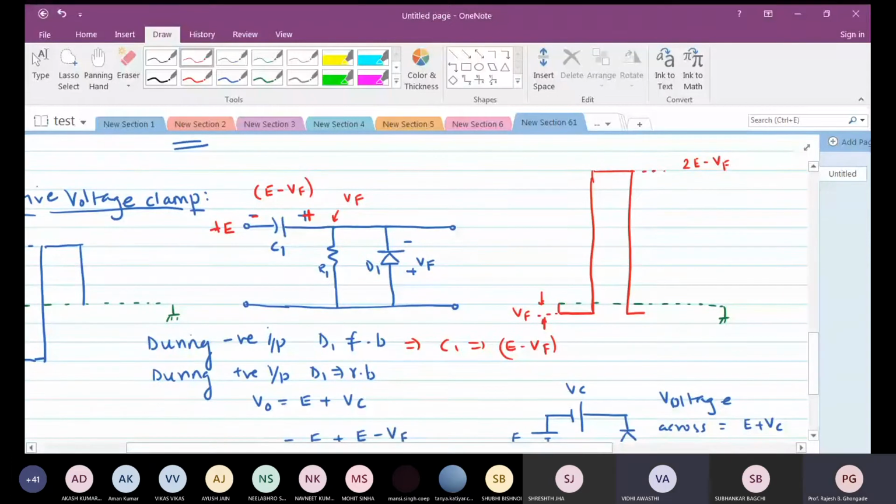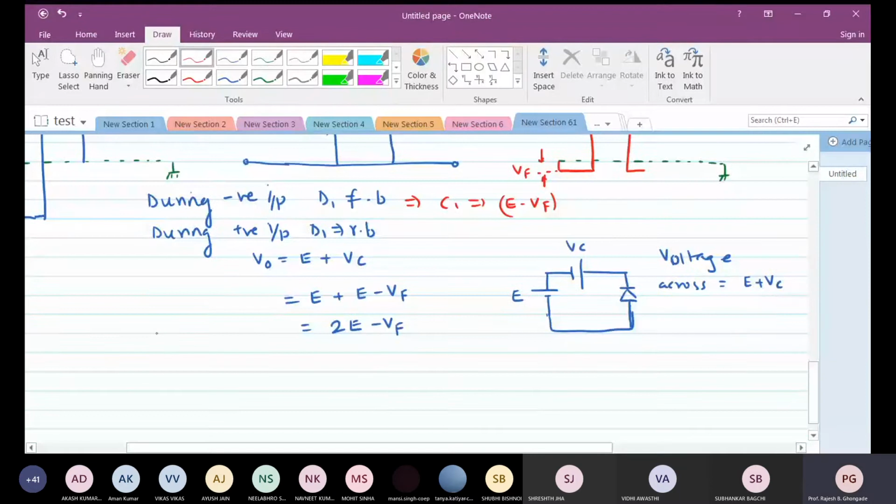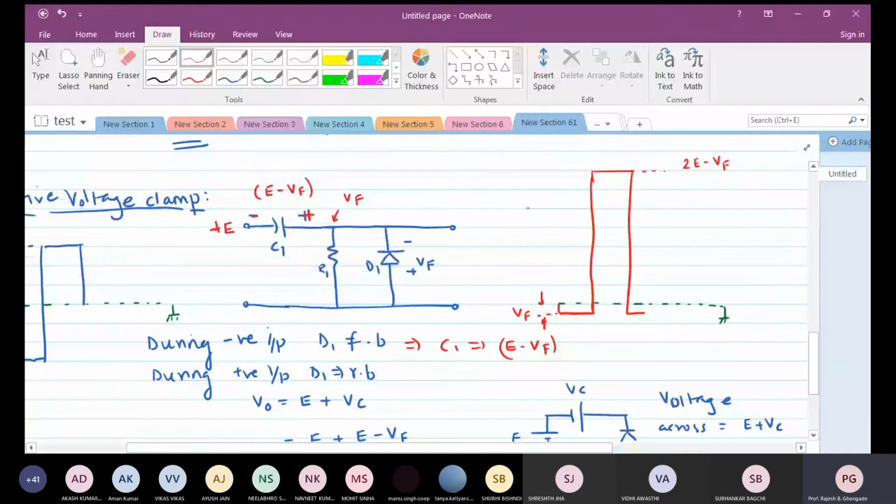Of course, these voltages are all with respect to ground. Remember that. So what is the peak-to-peak output voltage? Peak-to-peak means 2E. It is going to be 2E minus VF plus VF.